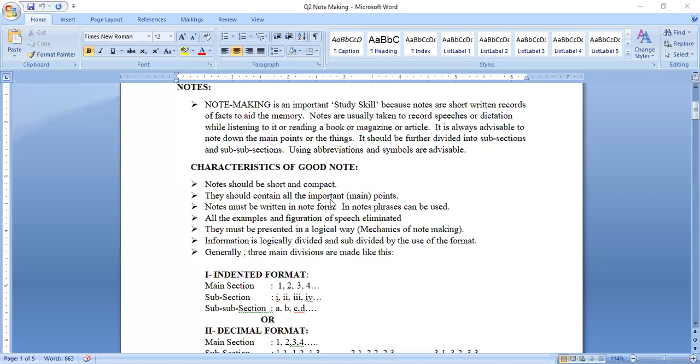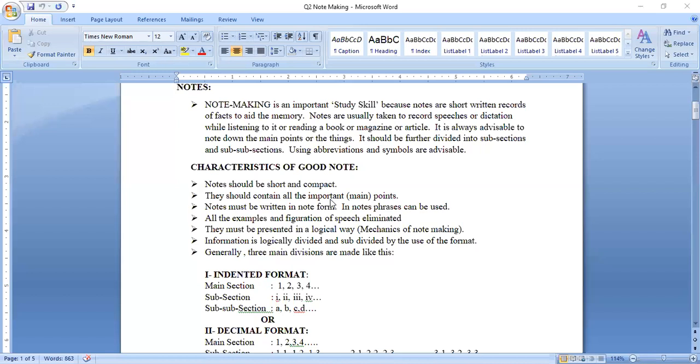Note making is an important study skill because notes are short written records of facts to aid the memory. Whenever we see the notes, we can understand the entire concept of the particular passage.